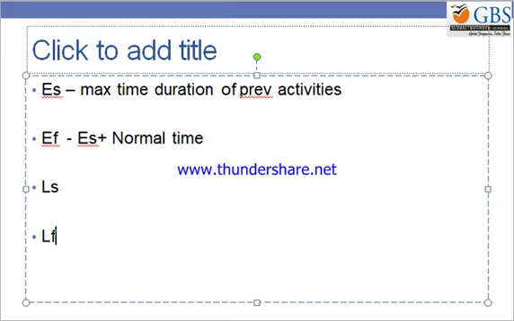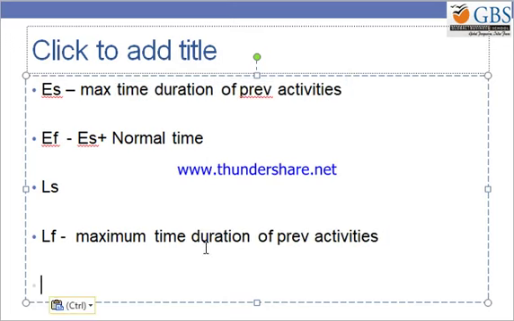Then we calculate latest finish. Latest finish is the maximum time duration of all its previous events in the backward pass.